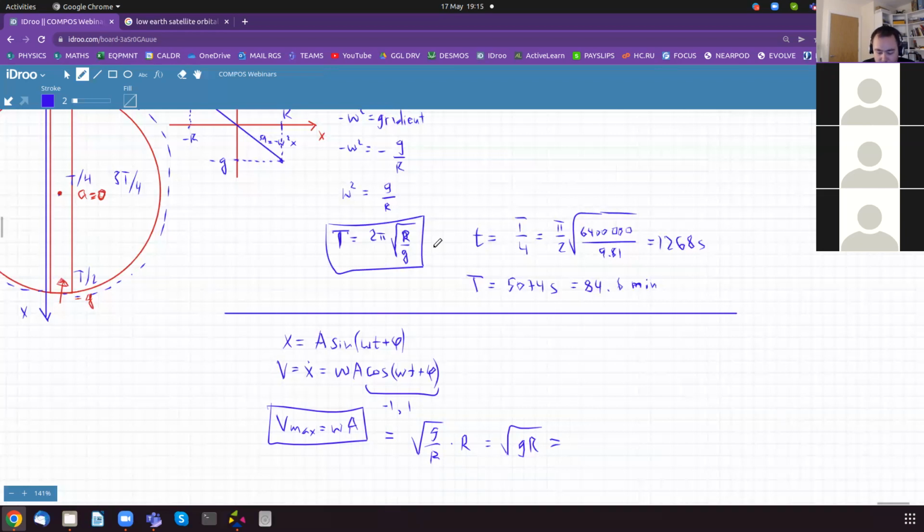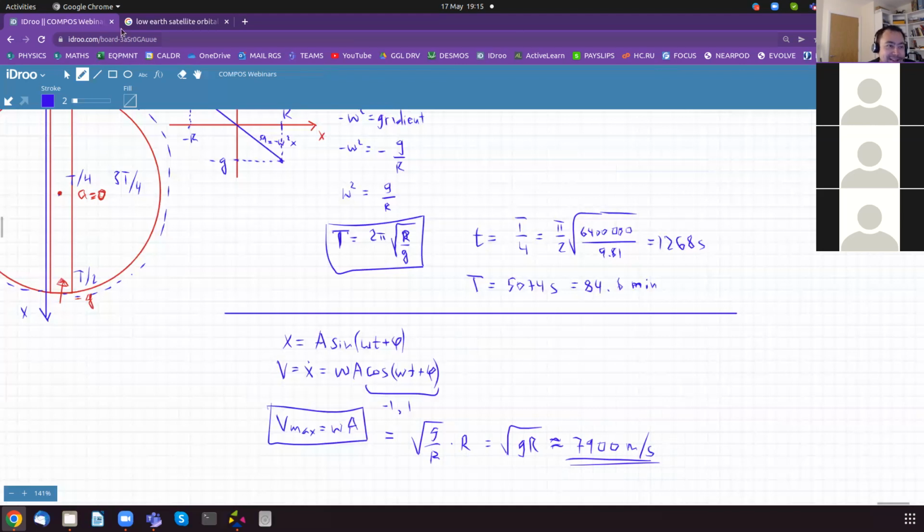I think too many zeros. Yes, too many zeros. It's roughly 7,900 meters per second. That's the speed the stone will be traveling through the center of the planet, which is about 7.9 kilometers per second.